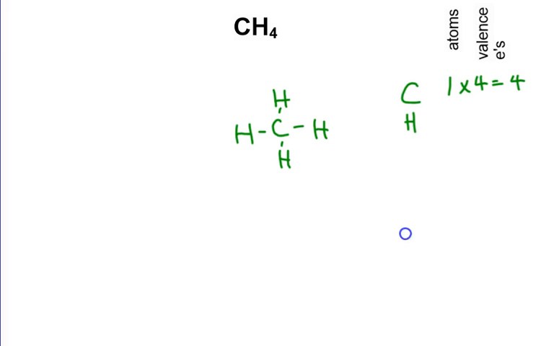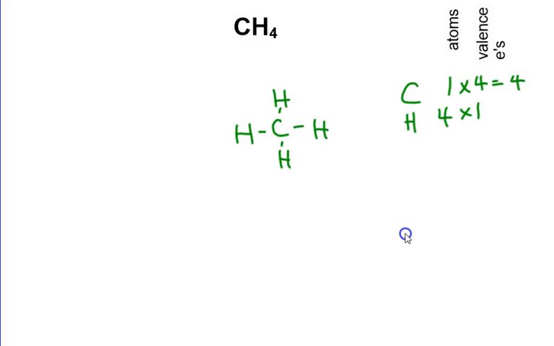So we got carbon in the middle, and hydrogen, hydrogen, hydrogen, hydrogen, 1, 2, 3, 4. How many carbon atoms? 1. Valence of carbon is 4. So we got a total of 4. Hydrogens, we have 4. What's the valence? Valence is 1.